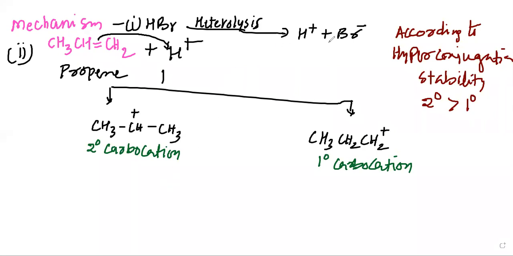So now when we have this Br minus, which one is more stable? Can you tell me, out of this primary carbocation and secondary carbocation, which one is more stable? So we can say that this is more stable. This is less stable.